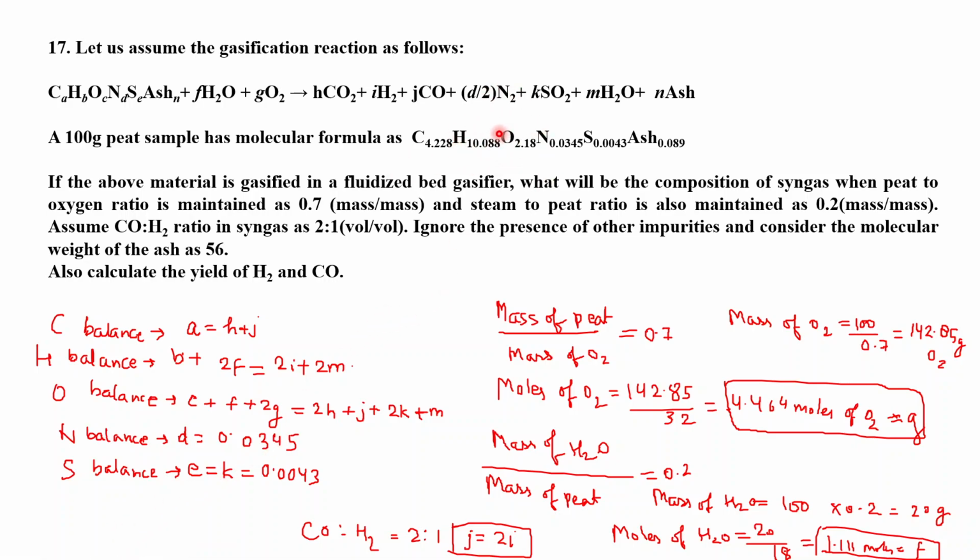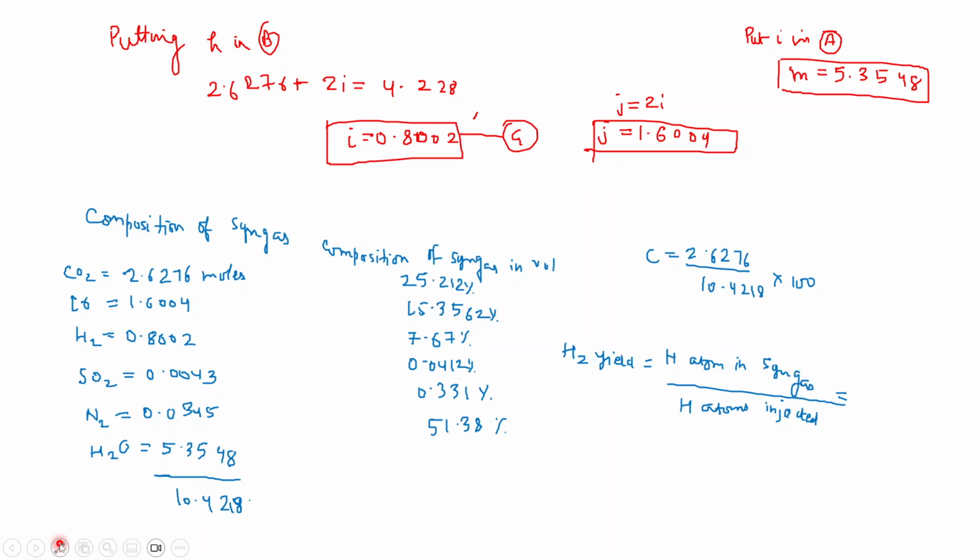This is the formula of feed, so this is the supplied hydrogen. And C atoms injected is 4.228, and for CO yield it is J. In syngas the amount of carbon monoxide is J. So it will be 2I upon 10.088, which will be 0.1586 is the yield.